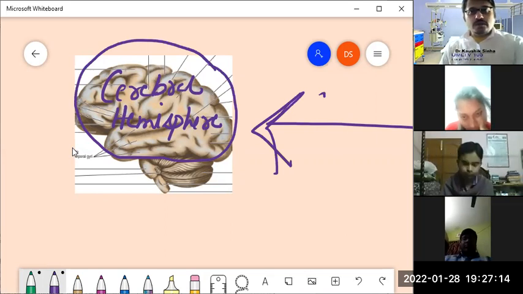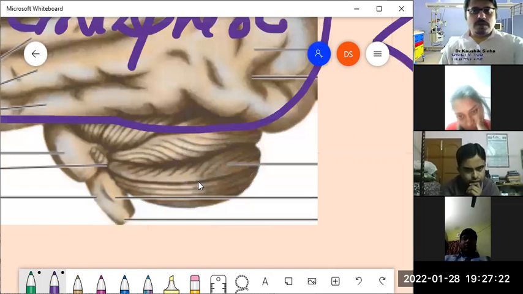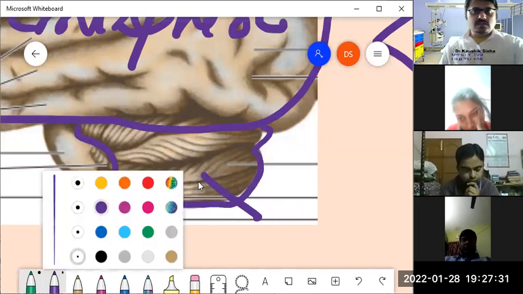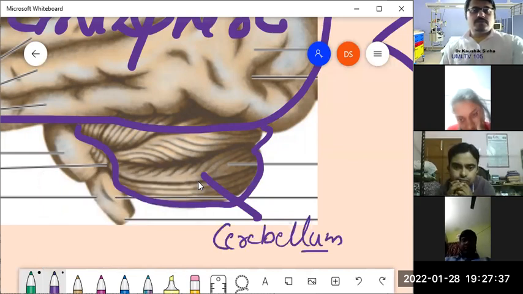Before going to that explanation of cerebral hemisphere, let me focus your attention onto the small part which is present below the cerebral hemisphere. And this small part is termed as, will you be able to guess this word? This is cerebellum. So in Bengali, there are two words, as I said.